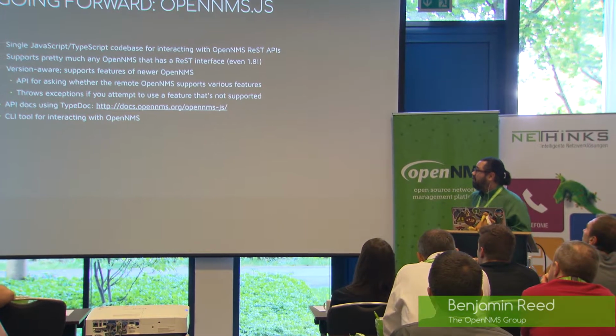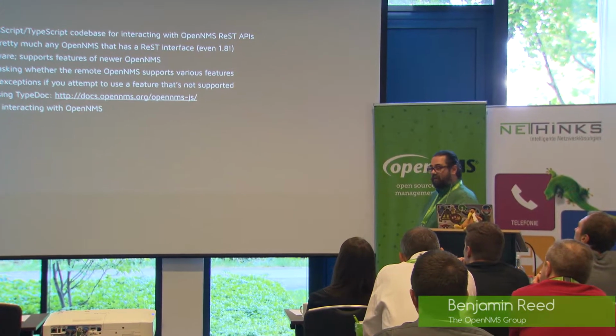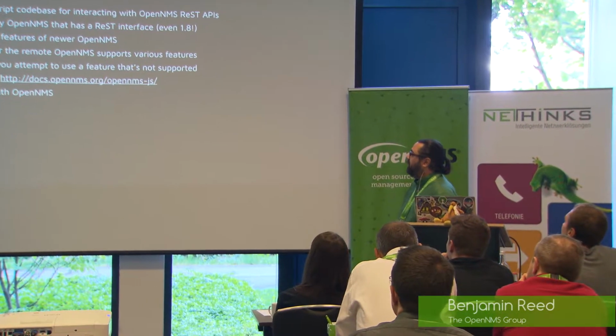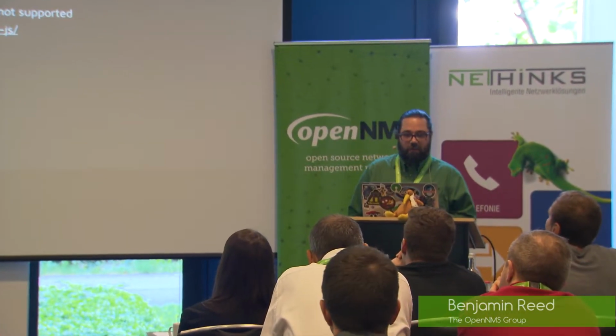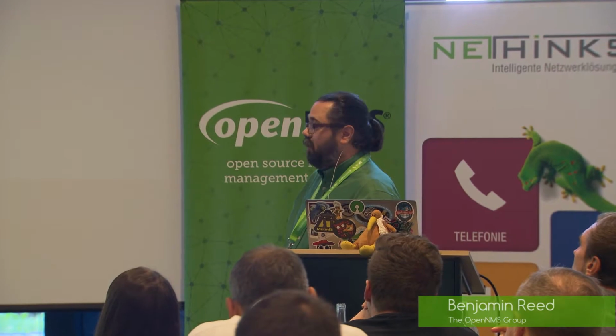It actually works with basically any OpenNMS version that has REST, all the way back to 1.8. Obviously, some features are only available in newer OpenNMSs. Most of the APIs in OpenNMS.js are version aware, so it will incrementally support newer features of OpenNMS as we add features to OpenNMS.js. And if you try to use something that doesn't exist, it'll throw an exception saying you can't use this on this version and all that kind of stuff.